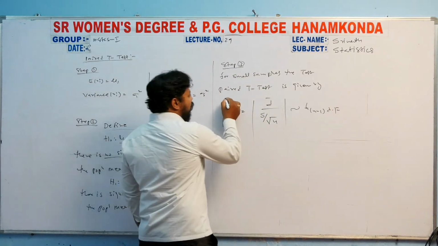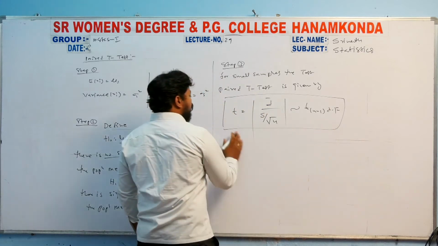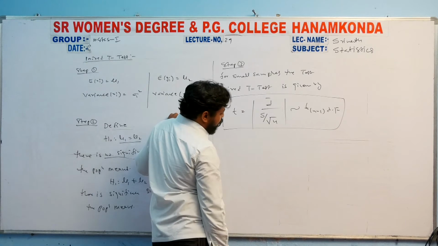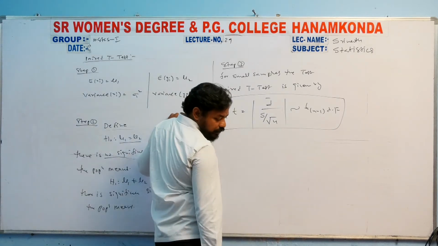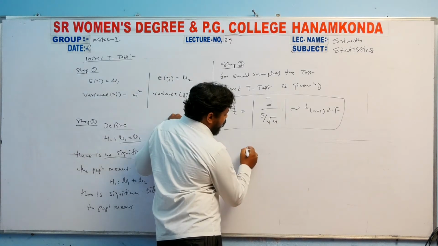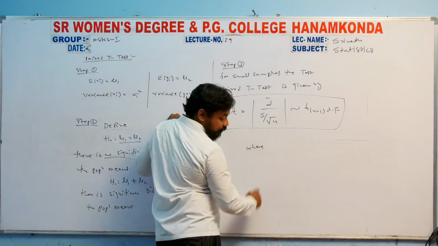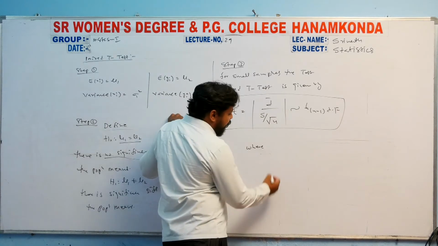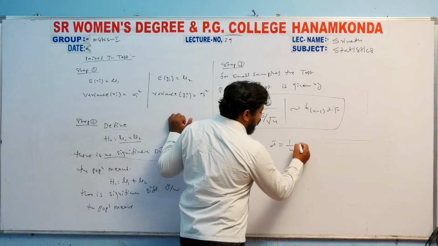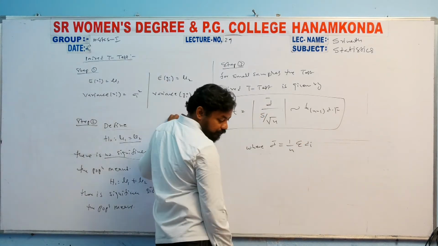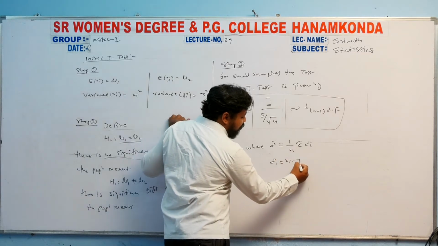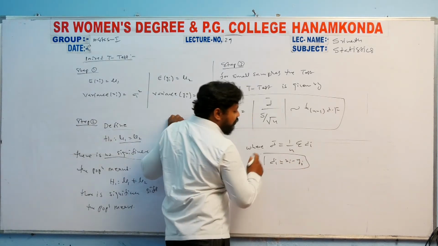This is the formula, where d bar is equal to 1 by n summation di, and di is equal to xi minus yi.